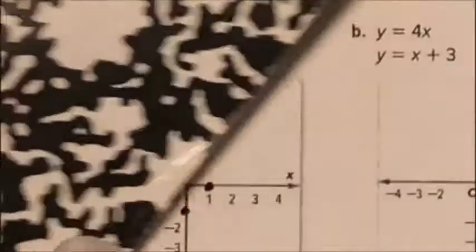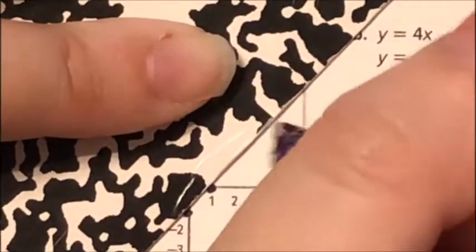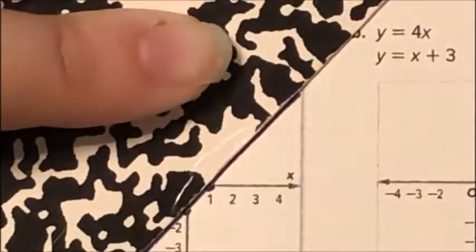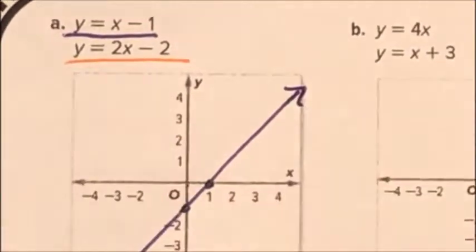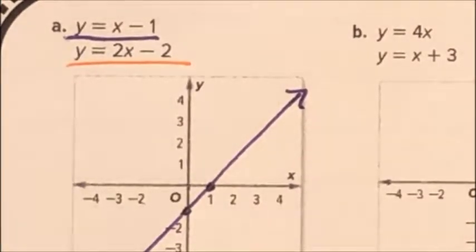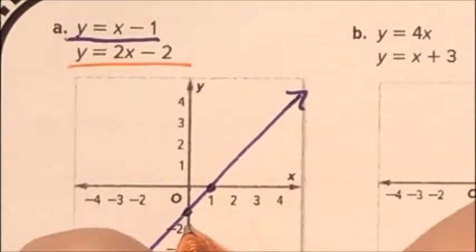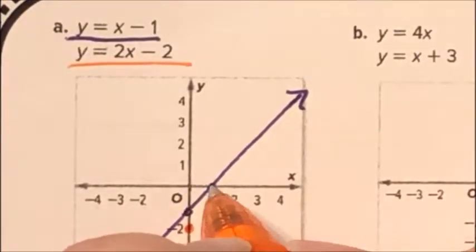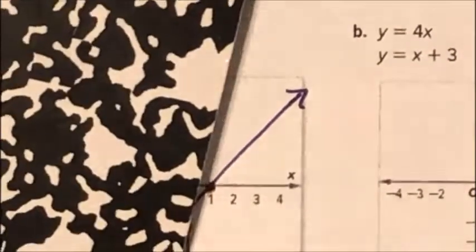Using a straight edge. Then my second one is negative 2. I start here. I go up 2 over 1. It's nice and convenient.